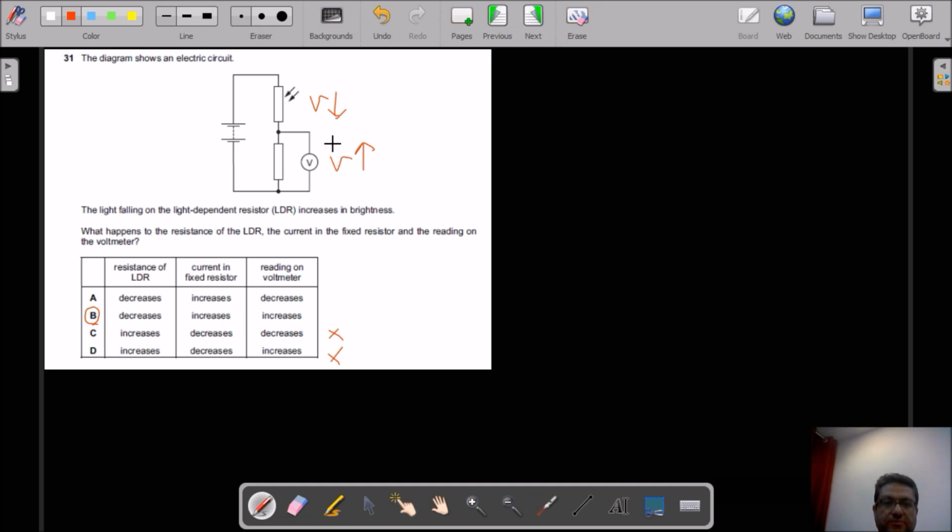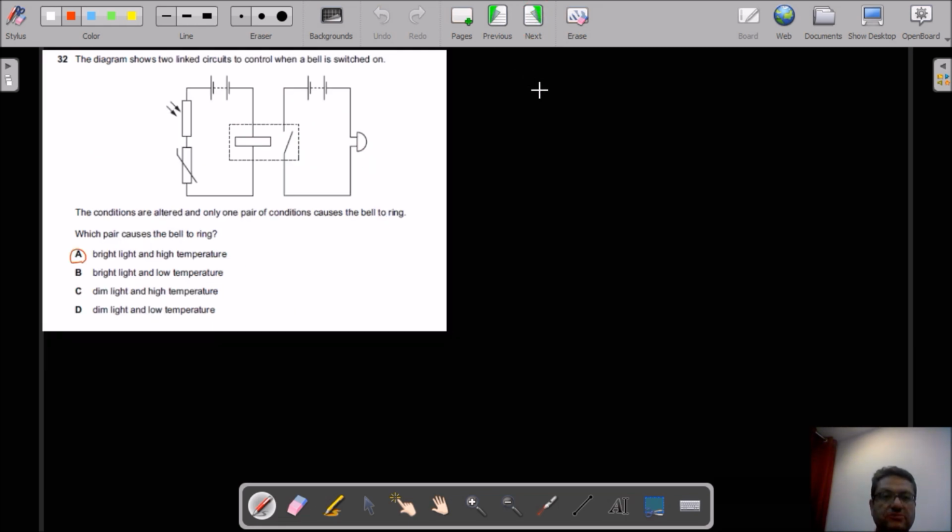Why? Because, as I said, voltage of power supply is constant. When voltage of LDR decreases, voltage of reading for fixed resistor must be increased because power supply voltage is constant. So if one of them decreases, another one must be increased. That's why B is right. So question 31, B is right.